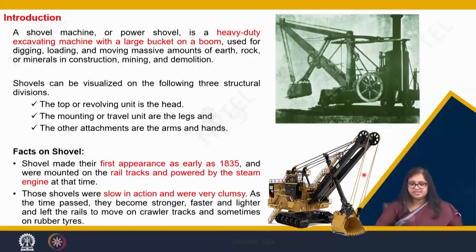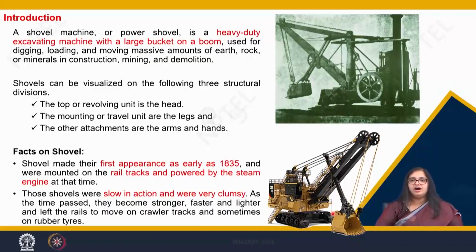It has a head, which we call the top or revolving unit. Then it has legs, which are the crawler units. This we call the leg, which helps in the forward and backward movement of the shovel.